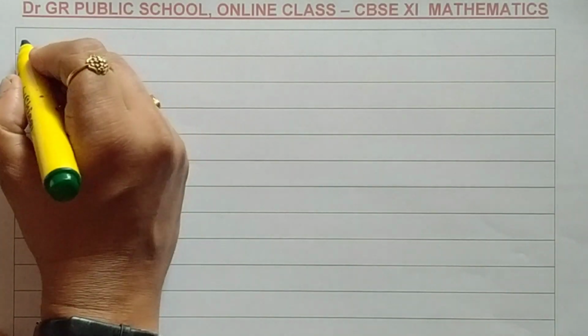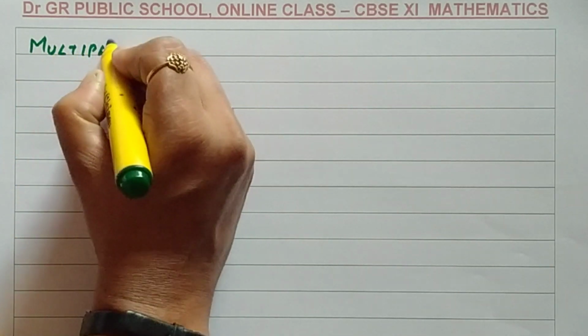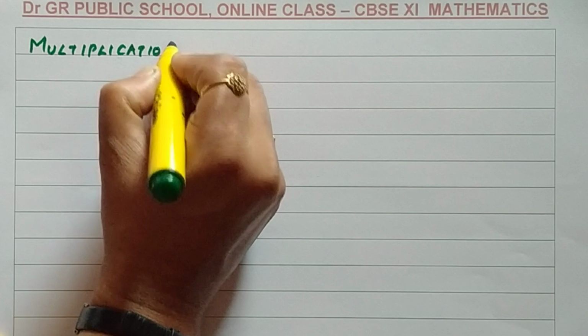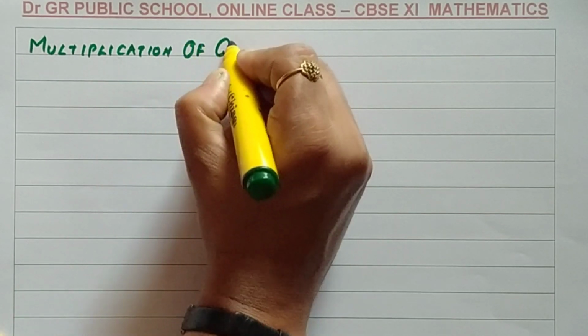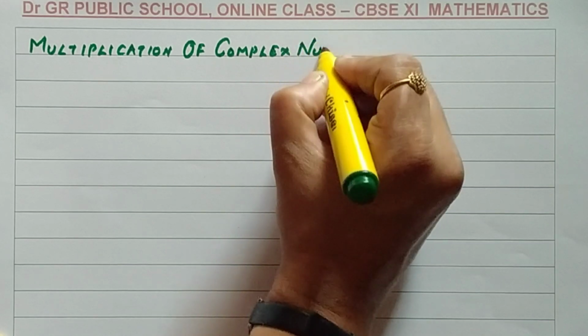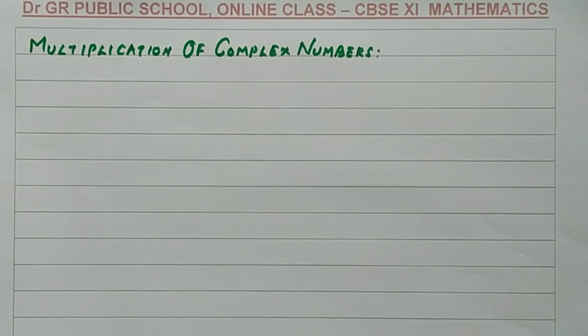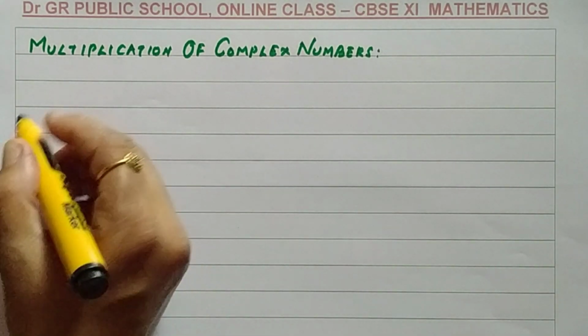The third operation, multiplication of complex numbers. Just like the multiplication of real numbers, complex numbers also can be multiplied together. I am going to take two complex numbers.